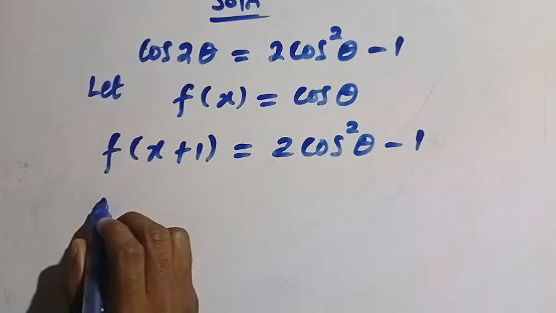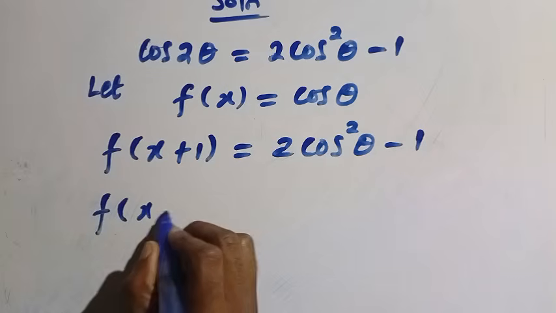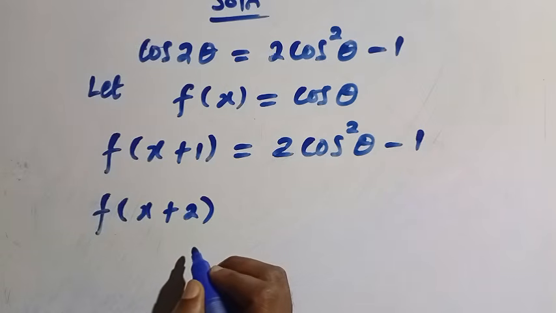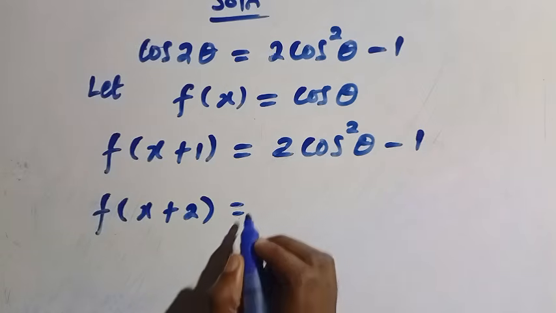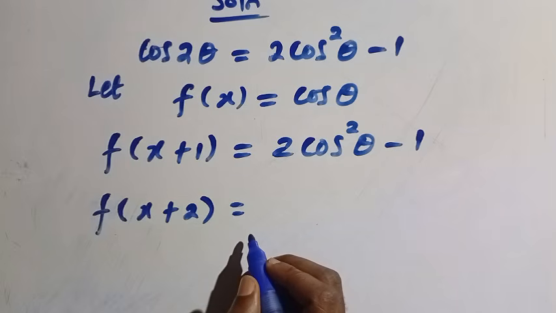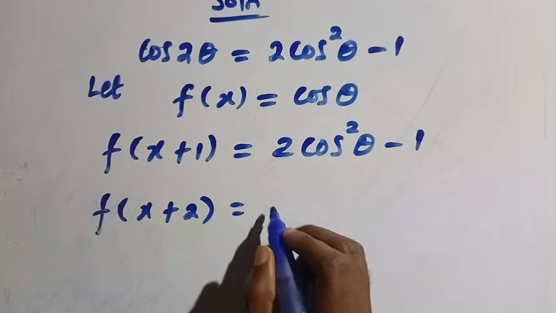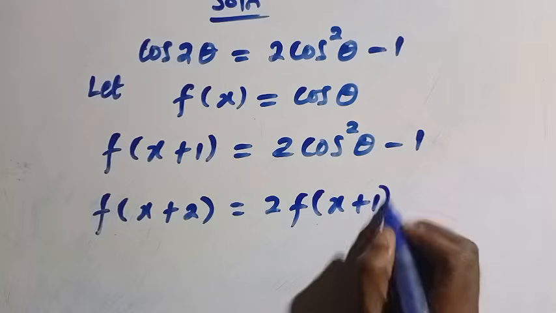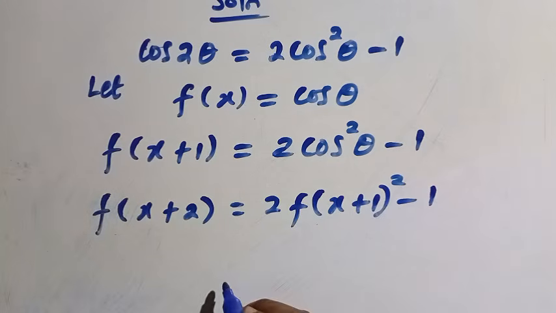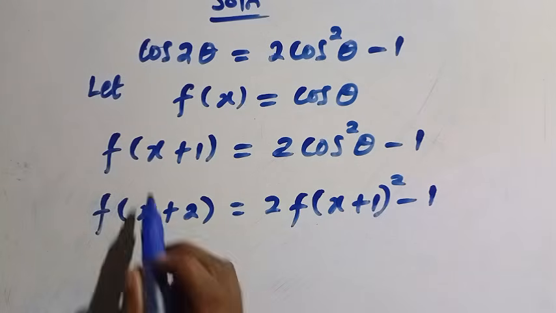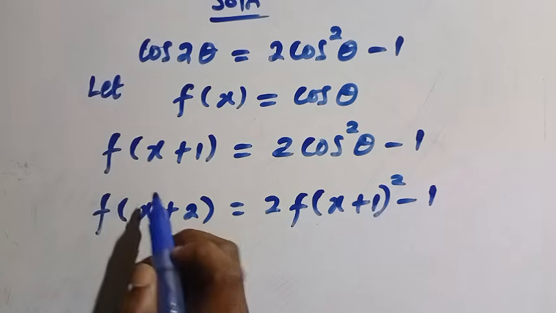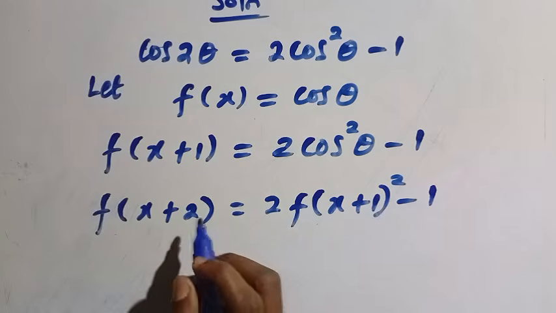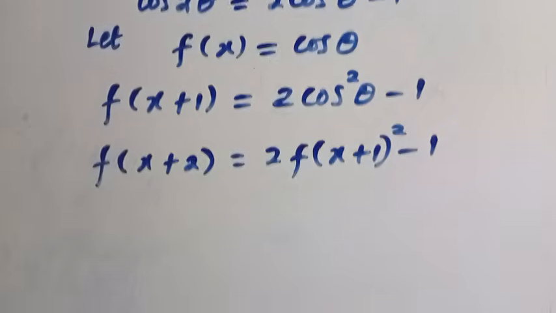So here, if we try to obtain f(x+2), we let this equal 2f(x+1)² - 1. What does this mean? It means I've changed every single x to x+1 in the first equation. That's how we have this.